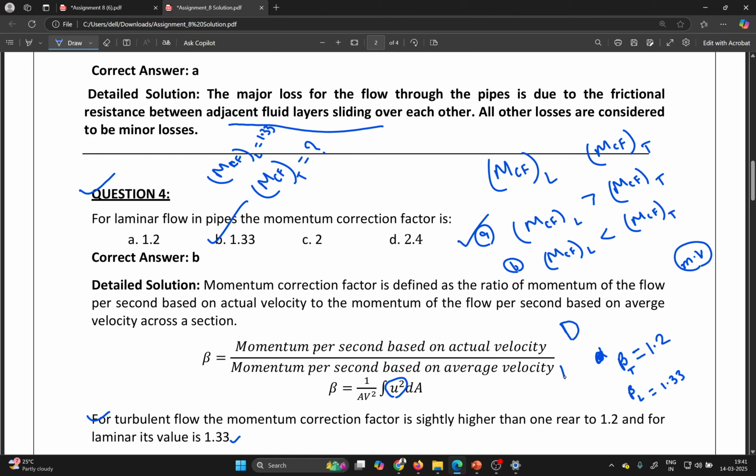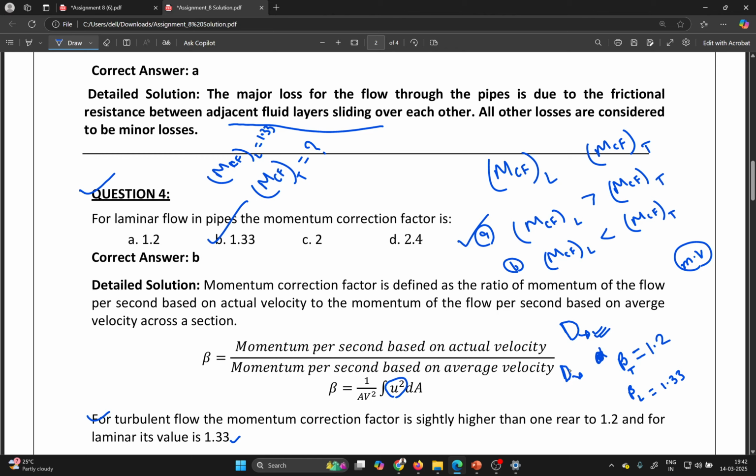In case of turbulent, the diagram is logarithmic. So when you average this value, and when you average this value, the average value will be here and here. The average value will be less here because of the parabolic variation.